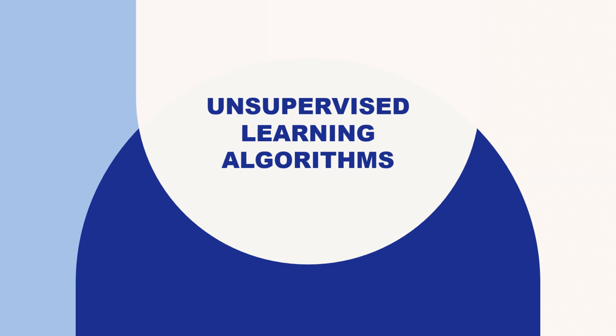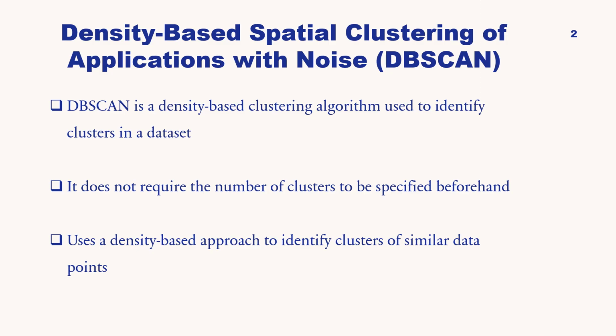In the last video, we looked at hierarchical and spectral clustering. In today's video, we're going to continue by talking about DBSCAN, which is also a clustering algorithm. Now, DBSCAN, that's density-based spatial clustering of applications with noise, is a density-based clustering algorithm that is used to identify clusters in a dataset.